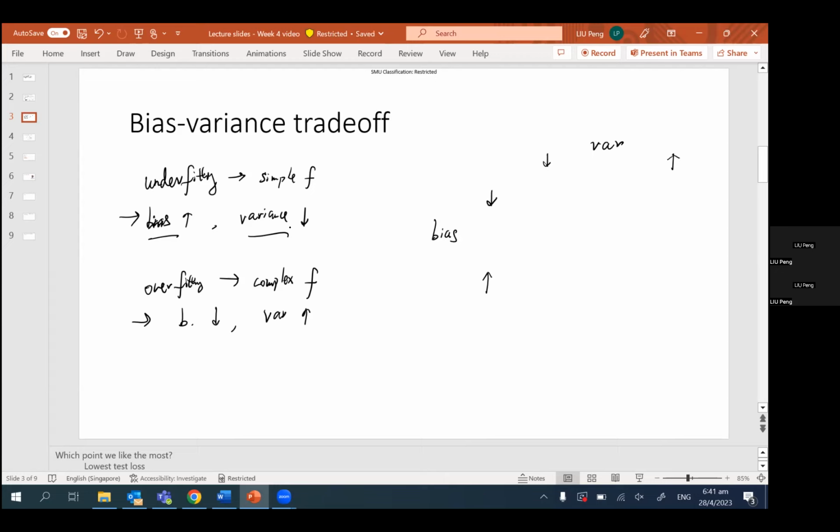So let's look at this region. This region shows that our bias and variance are both very low. Imagine we have a target, a circle, and we want to hit the middle of the target. So this is our result of hitting the middle point.